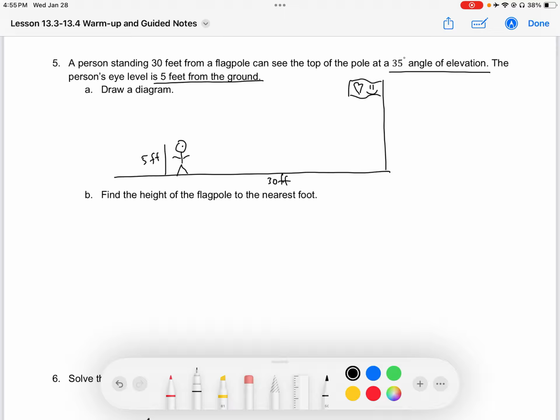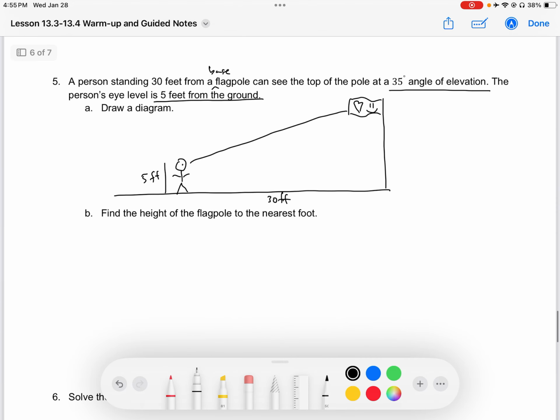Now, it really should say 30 feet from the base of a flagpole. So if you said that this was 30, that might be an okay way to interpret the problem. But I don't really think that is what it's meant to be. I think it's supposed to be the person is 30 feet from the base of the flagpole.